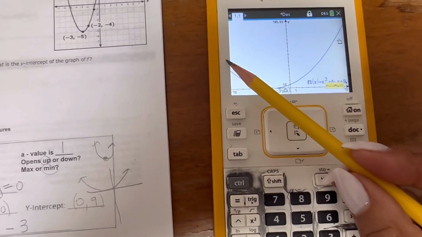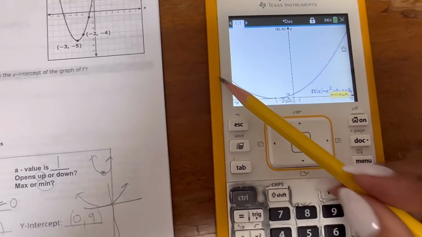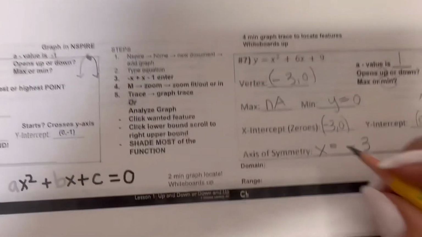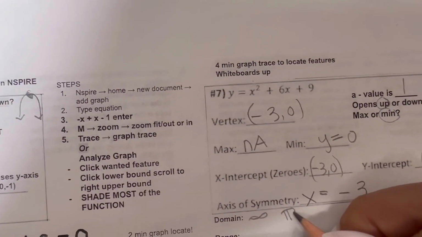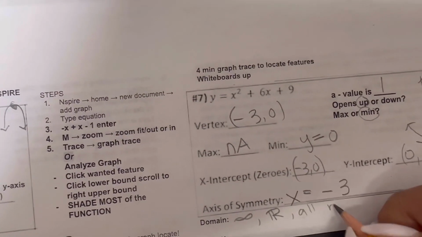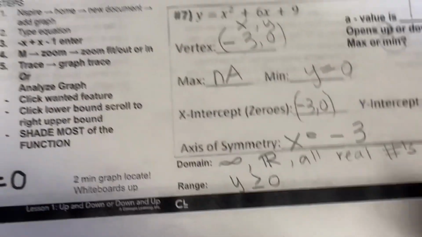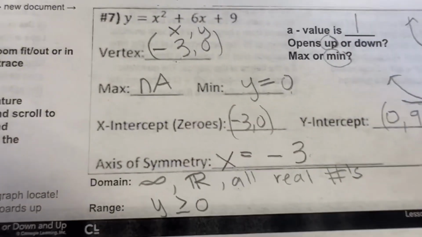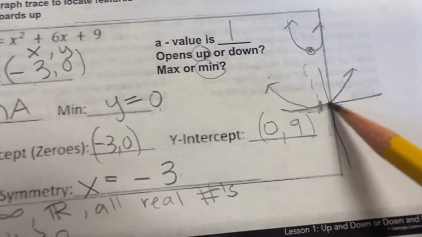Well, you can't see it, but you can assume all real numbers to the left and to the right, it stretches infinitely. So infinitely, your infinity sign, all real numbers, a double R. You might see it in these forms, all real numbers. And we'll add that the domain are the x values. So that curve stretched from the left infinitely all the way to the right infinitely.